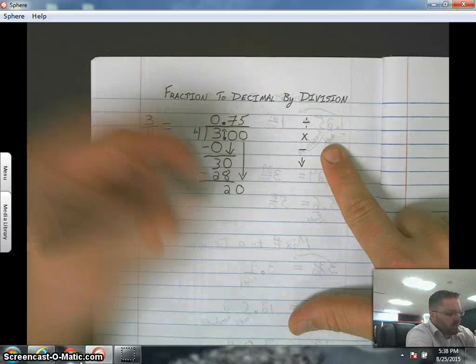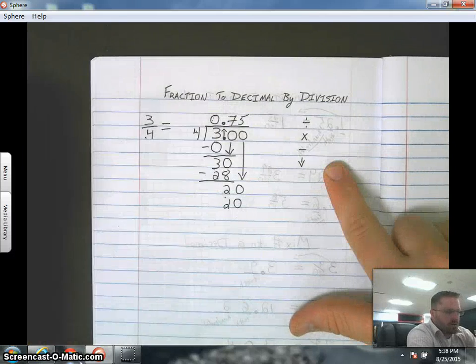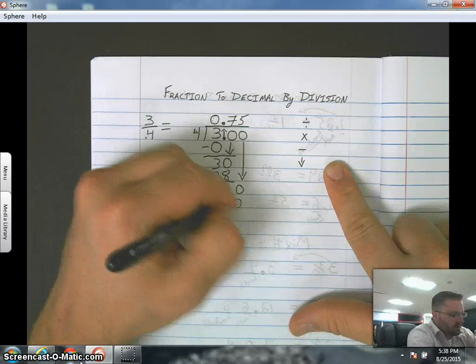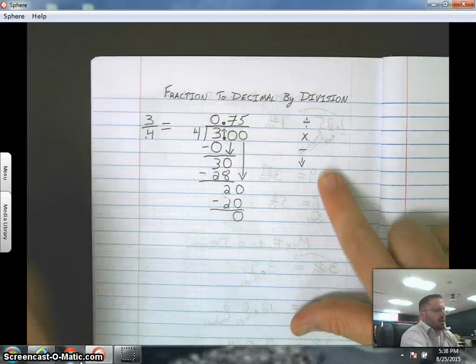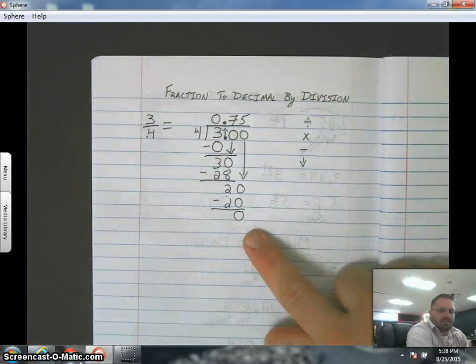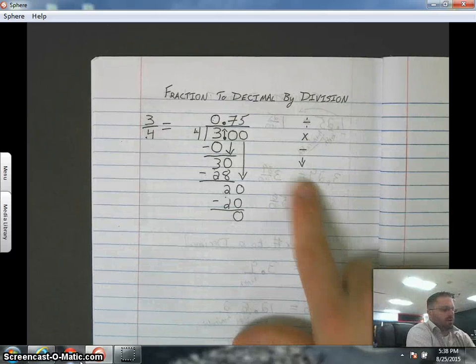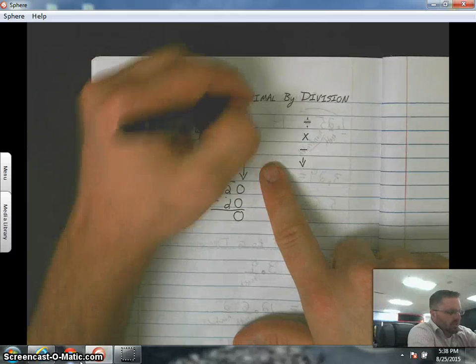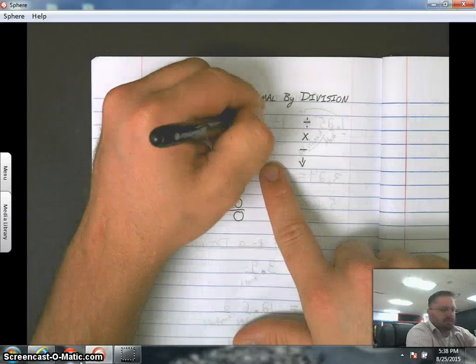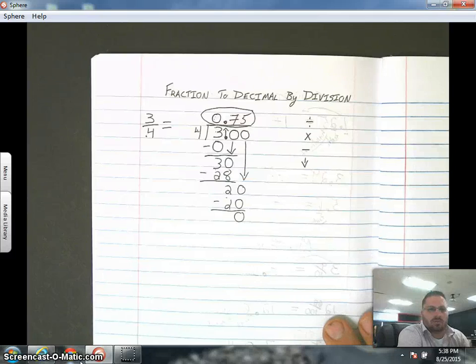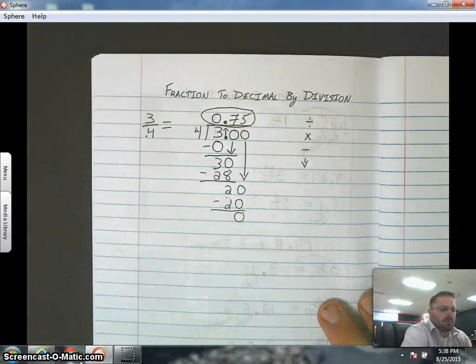Multiply. 5 times 4 is 20. Subtract. 20 minus 20 is 0. And this time, since I have an answer 0, I don't have anything left over and I do not have to drop. So 3/4 is the same as 0.75 or 75 hundredths.